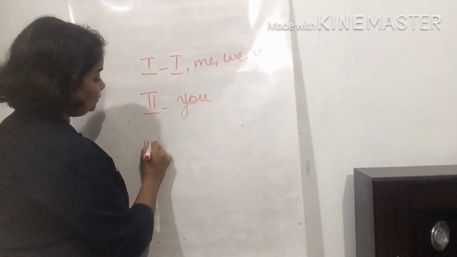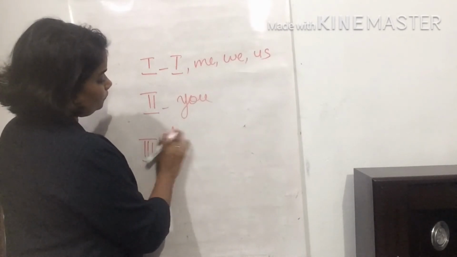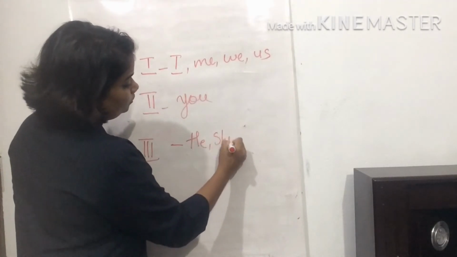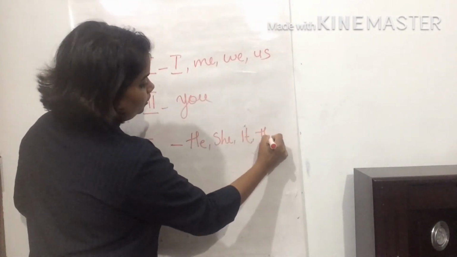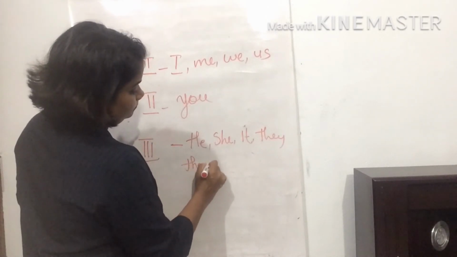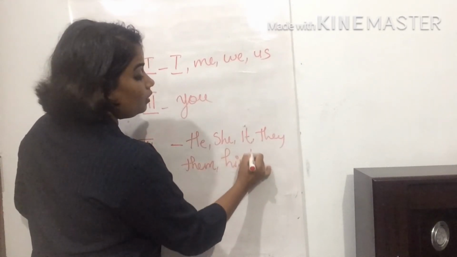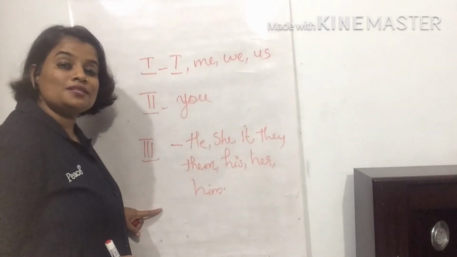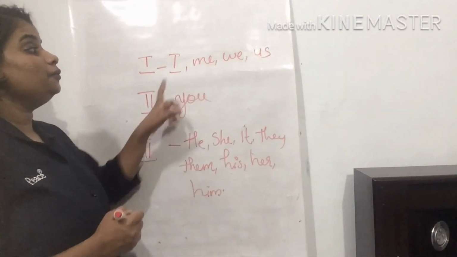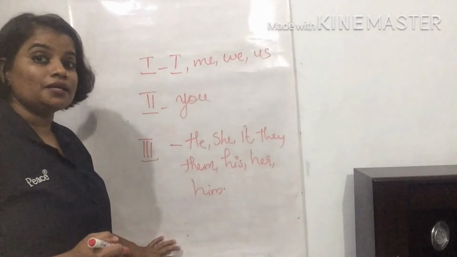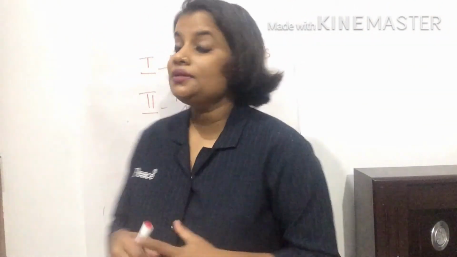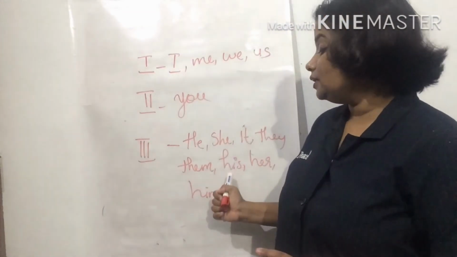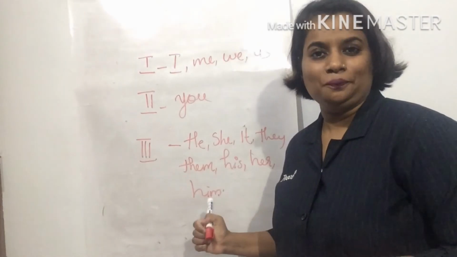Then the third person is he, she, it, they, them, his, her, him. Do you understand? Yes, the first person is I, me, we, us. Second person is you. Third person is he, she, it, they, them, his, her and him.